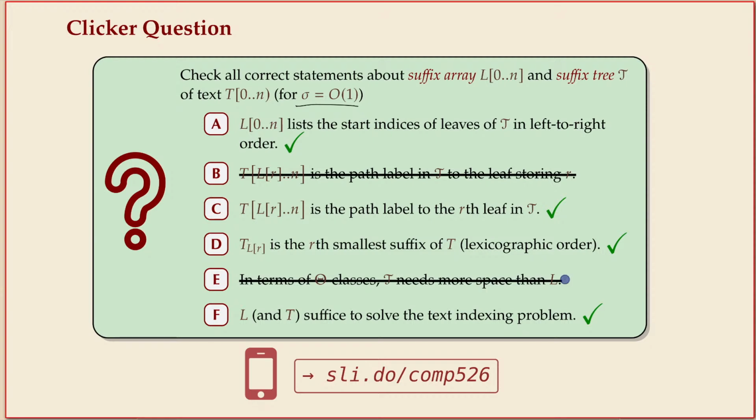So for the suffix array, the alphabet size is irrelevant, and for the suffix tree, that certainly plays a role. Right, and we've just seen both can be used to solve string text indexing or string matching. Text indexing is the same as string matching, but with the pre-processing on the text explicitly allowed.